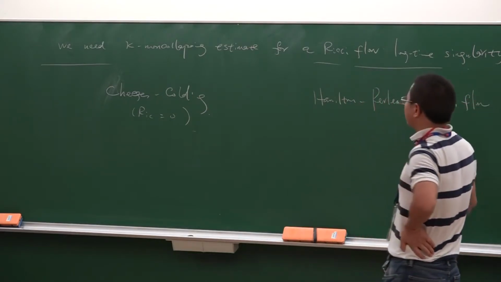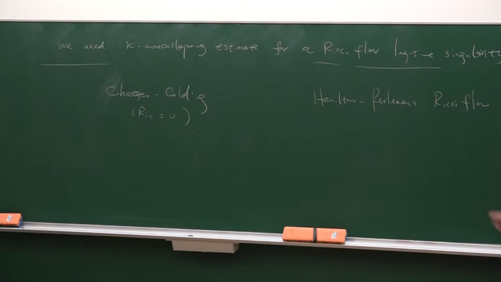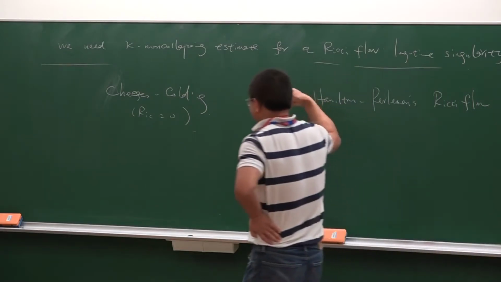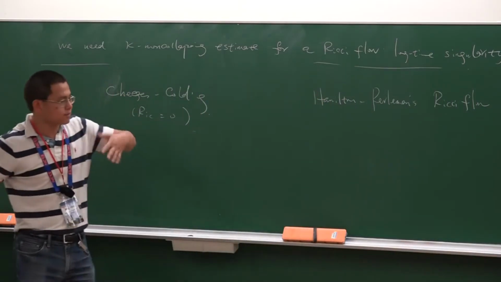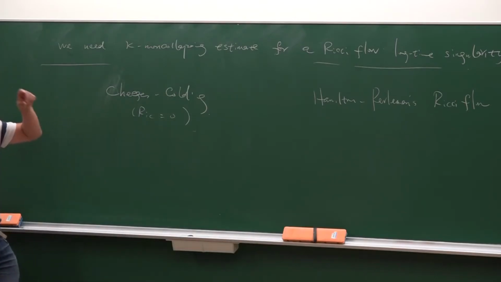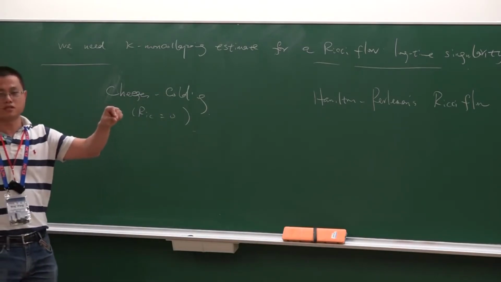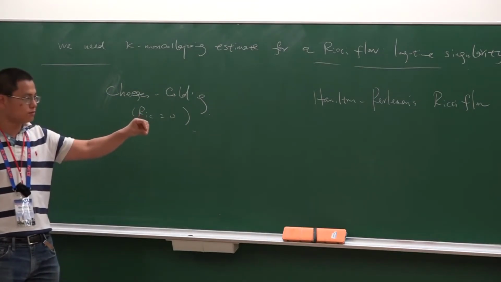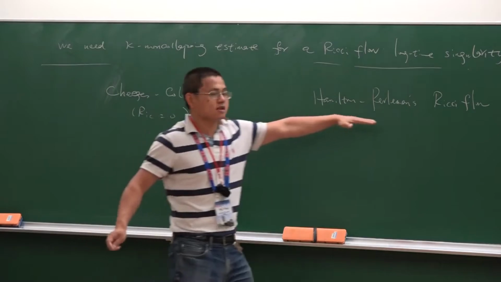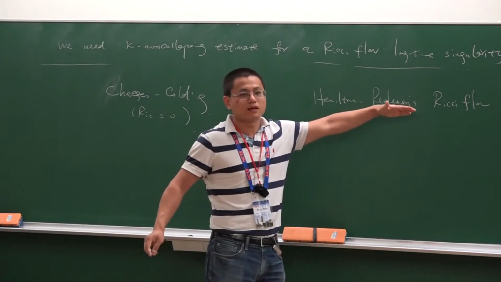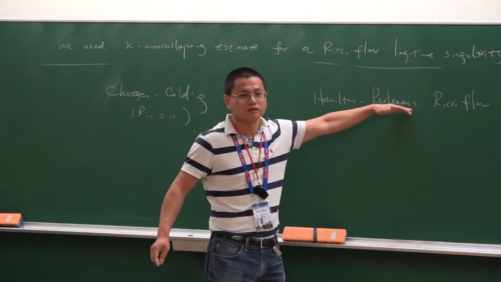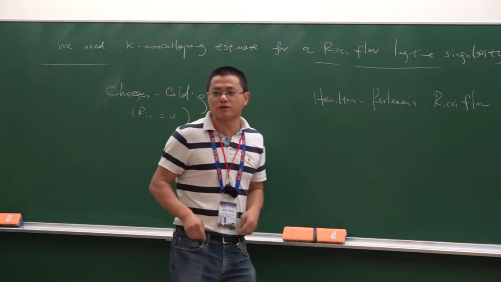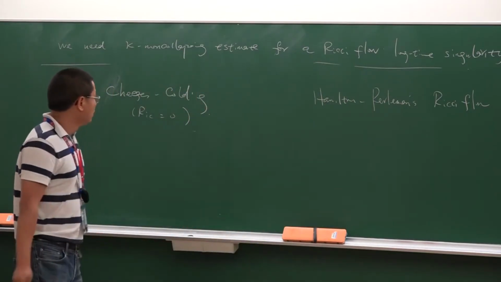So Perelman, based on the work of Hamilton, has developed a space-time structure of the Ricci flow in terms of reduced distance. If you use the perspective of the reduced distance, the space-time of the Ricci flow can be regarded as Ricci flat if you use the reduced volume comparison geometry.